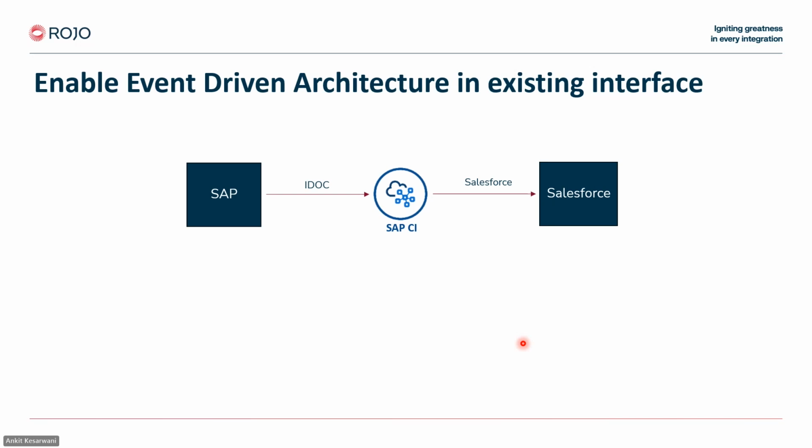If we take a very basic example where we had an IDOC interface coming from SAP and going to Salesforce, if we migrate it to SAP CI, it will look something like this, as we have highlighted here, right? But the question is, are we covering all the functionalities if we move just one to one here? The answer is no, we don't cover all the functionalities.